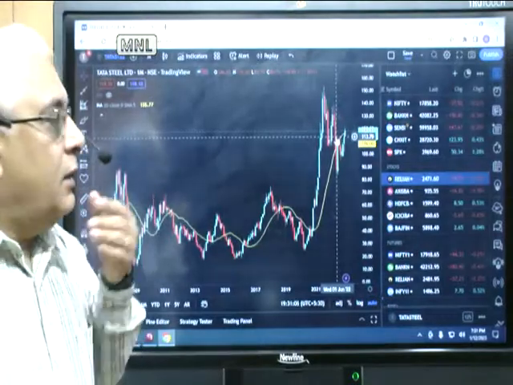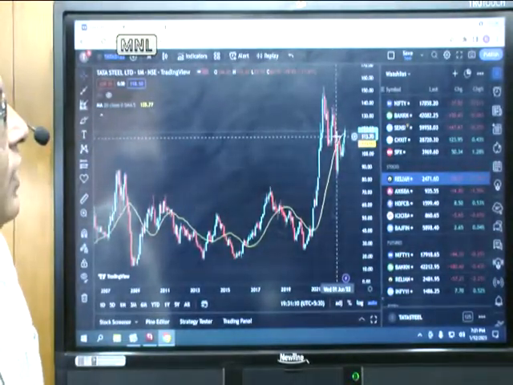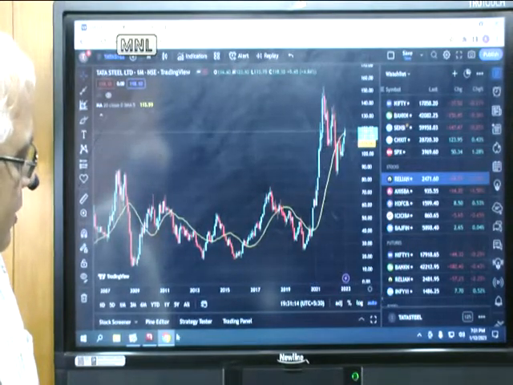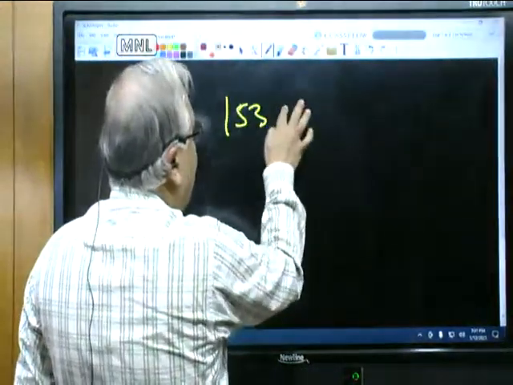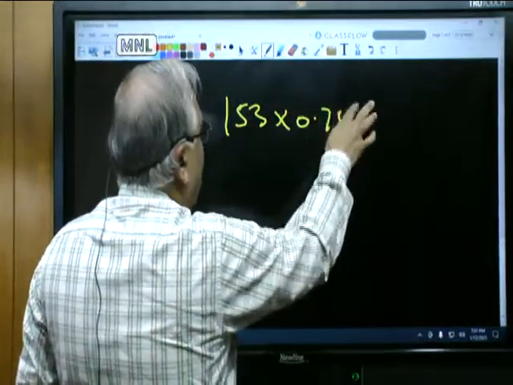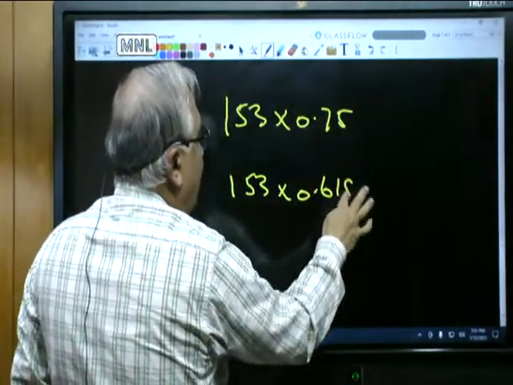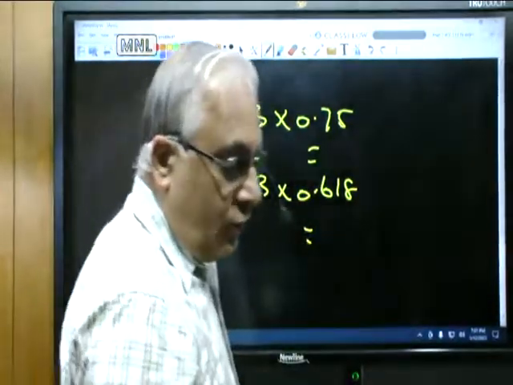Now, if you have gone by the same principle, the first place where you would have invested is 153 into 0.75, approximately a 25% fall. Then 153 into 0.618, and then the 50%, which we did not get at all. So let me say where it is now.